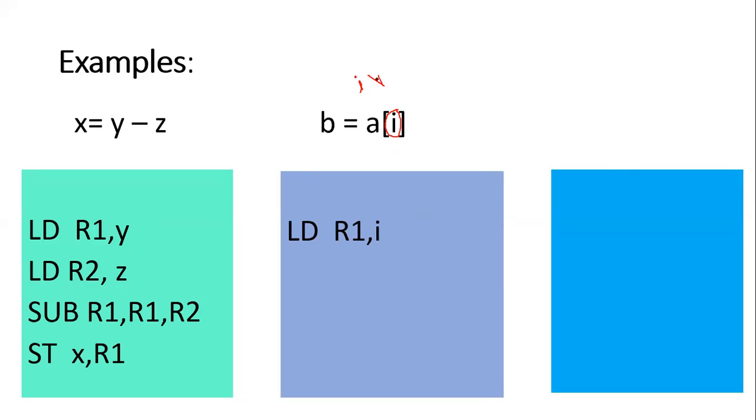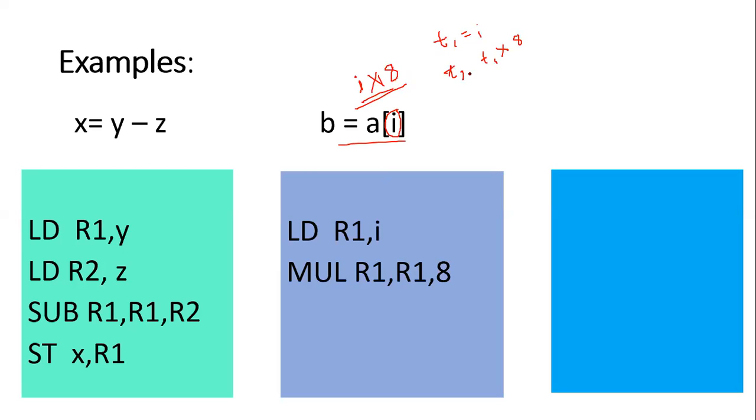So like that, you have to operate. You just observe what we are doing here. First, you are loading R1 with I, and after that you are multiplying R1 by 8. As I told, if the size is 8, that is what you are representing in the intermediate representation also. If you are writing the intermediate representation of this, first you are transferring I to T1, and after that you are multiplying T1 with 8, which you are storing in T2.